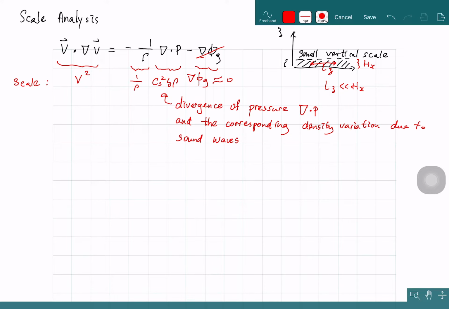Okay, we change that into the divergence of pressure due to sound waves.